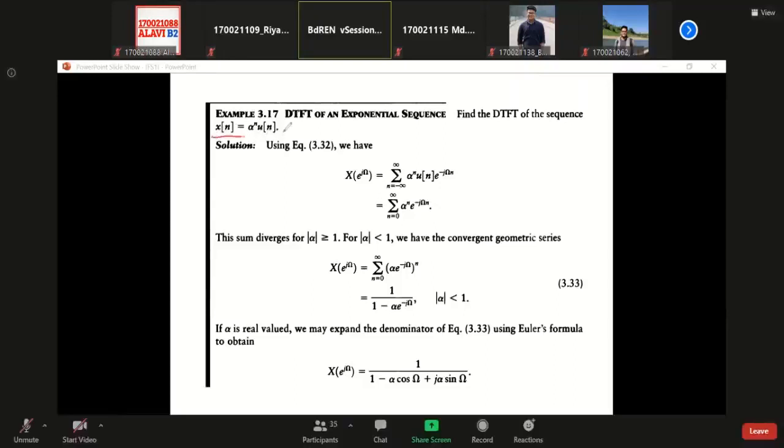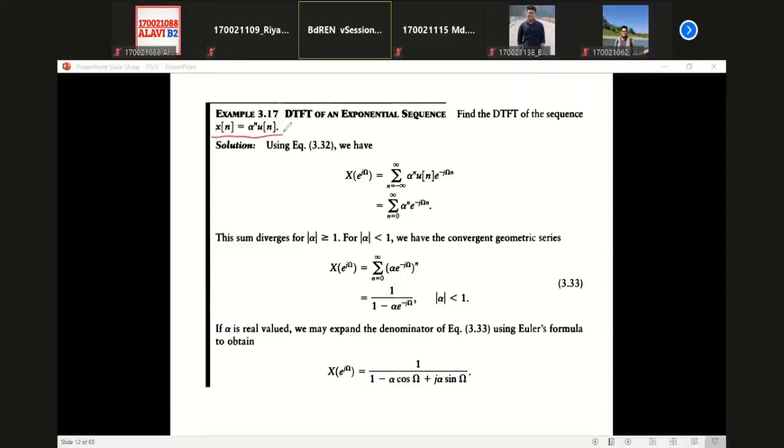This is our signal: x[n] equals alpha to the power n u[n]. Is this a periodic signal or aperiodic? Non-periodic. It is non-periodic. This signal is usable only when your alpha value is less than 1.